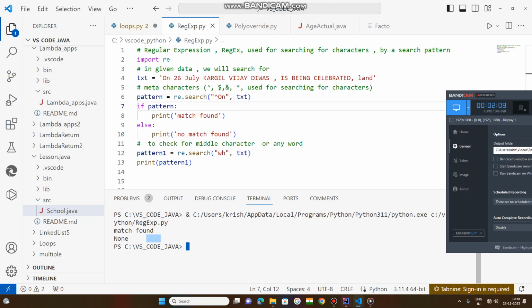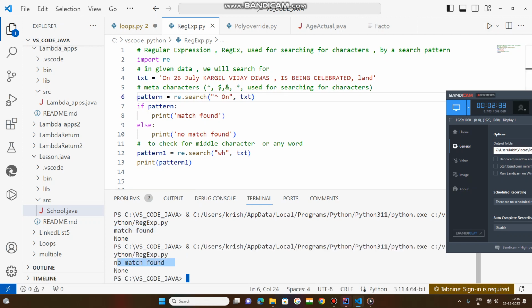So match found. Why match found? This caret symbol, as I told you, looks for the word starting with on. So if I keep any white space here, I have simply kept one white space, and you run one more time, no match found. What do you mean by this?